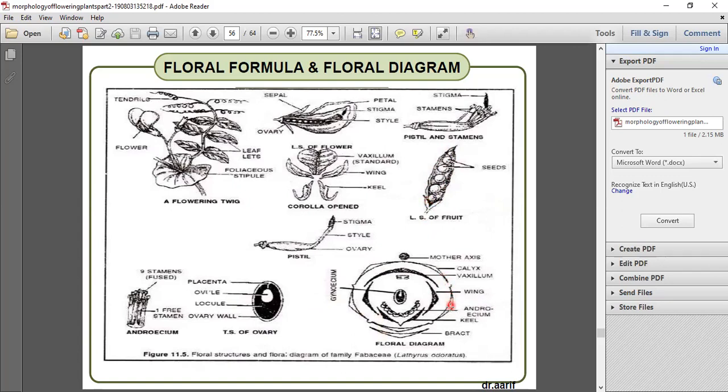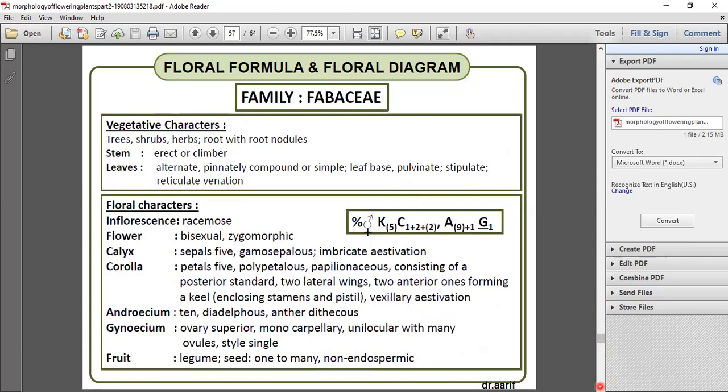Okay. So let us move ahead and see how good detectives we are and if we are correct or not. So it's a shrub or herb. Its root has root nodules.